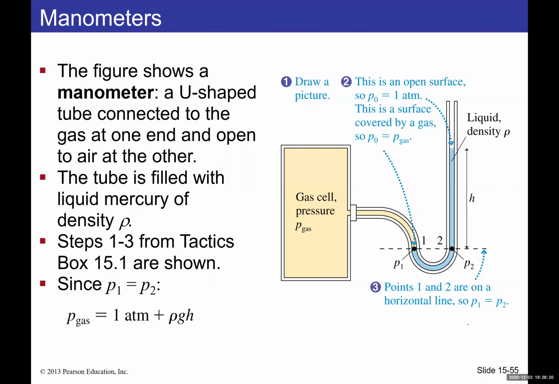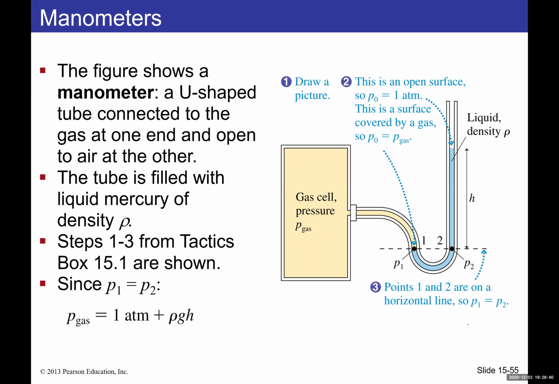All right, so we also have a lot of instruments that can be used to measure pressure, and manometers are one of those instruments. This one is used, for example, to measure the pressure of some unknown gas.